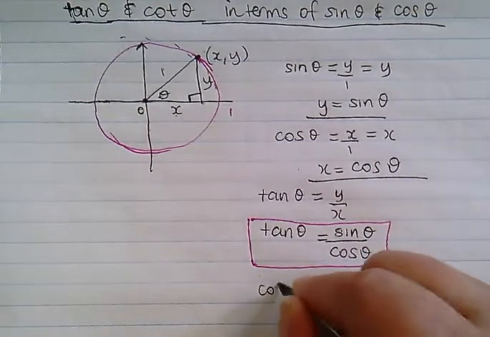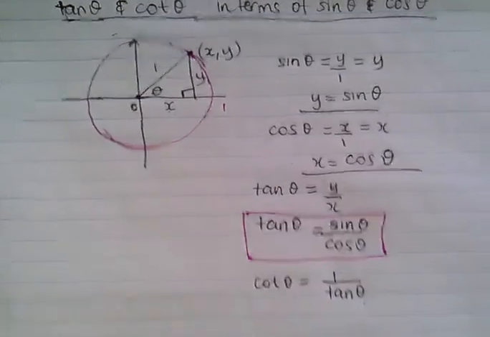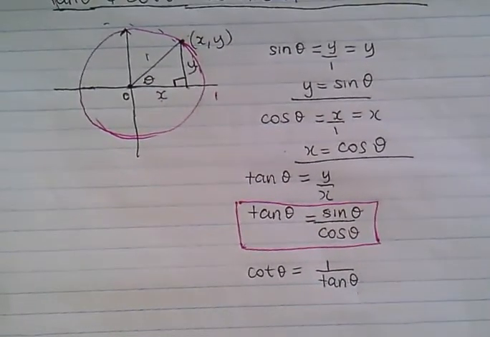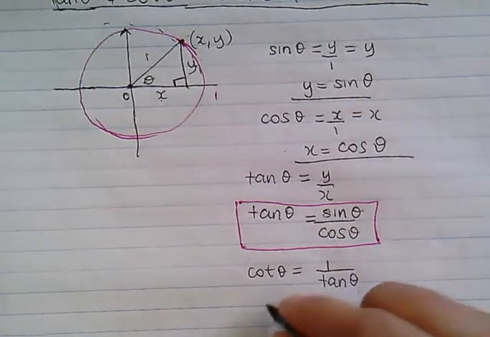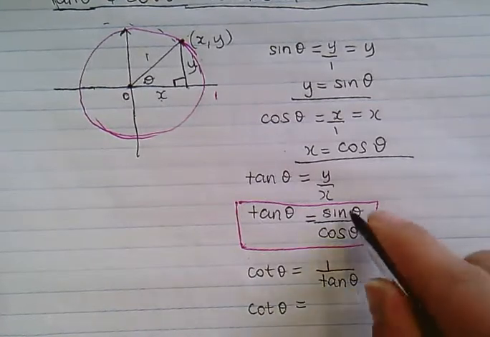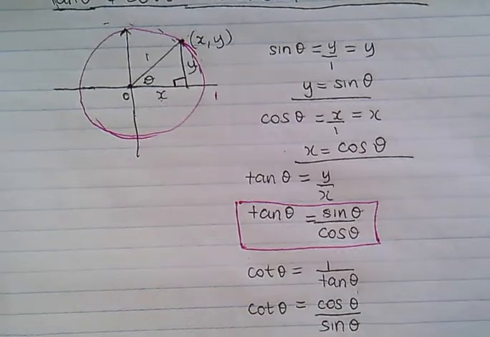we know that cot theta is 1 over tan theta. Instead of opposite over adjacent, isn't it adjacent over opposite? So it's the reciprocal of that, which is cos theta over sine theta.